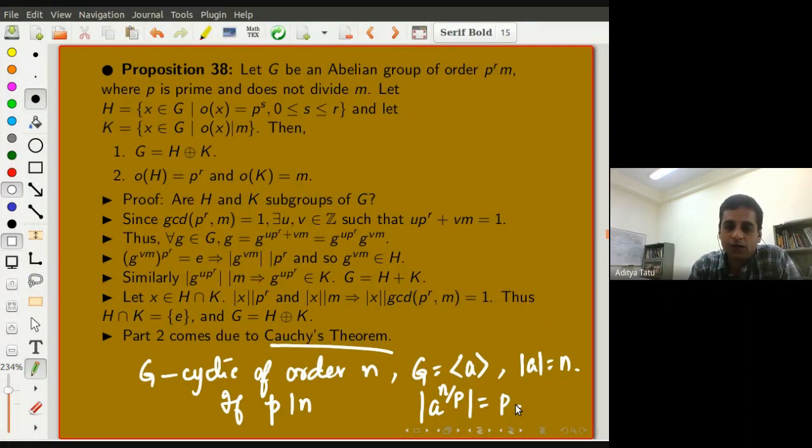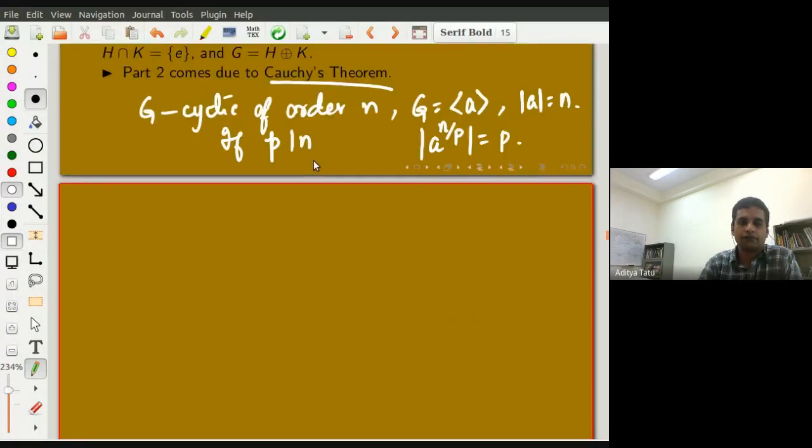But if my group is not cyclic, let's say it's just abelian, is it guaranteed? Will the same hold true for an abelian group? No, that's not the case for an abelian group. But what Cauchy's theorem says is the following.